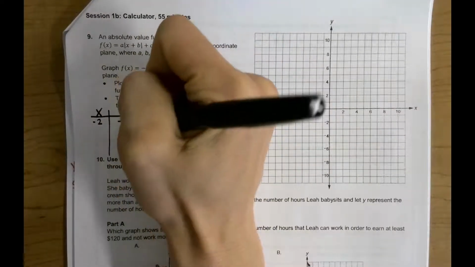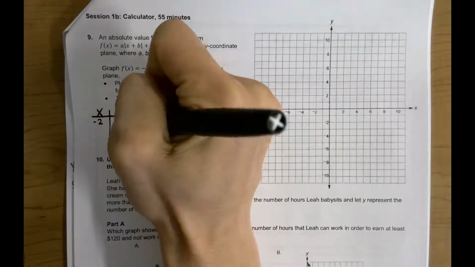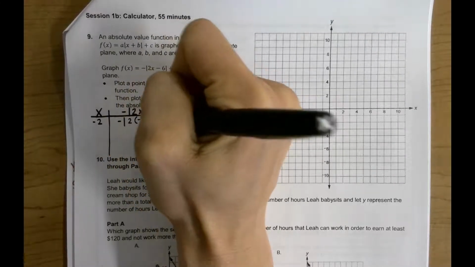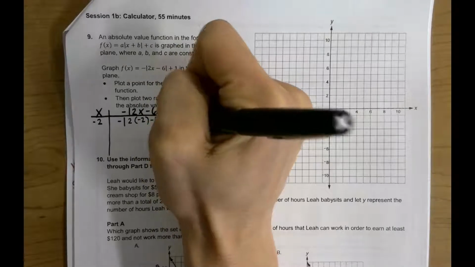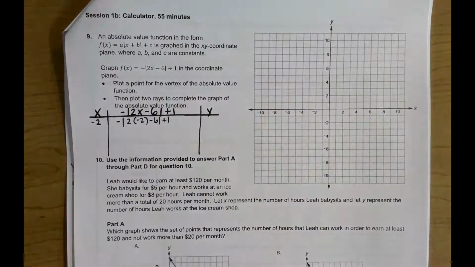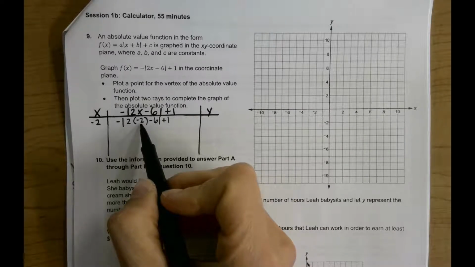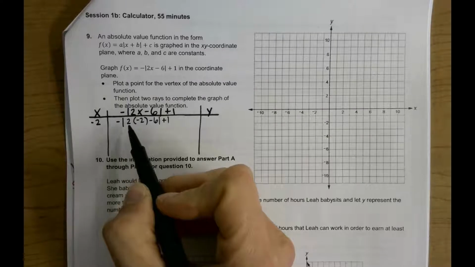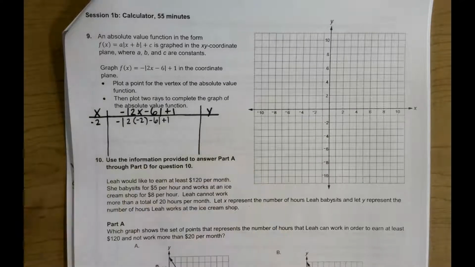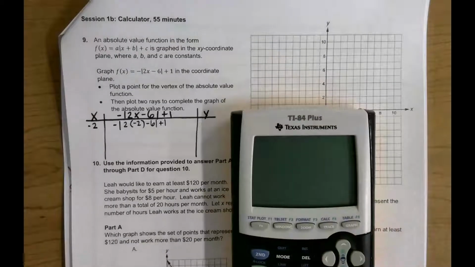So negative absolute value 2 times negative 2 minus 6 plus 1. So I'm going to solve inside the absolute value portion. So negative 2 times 2 is negative 4, and you can use a calculator for this.